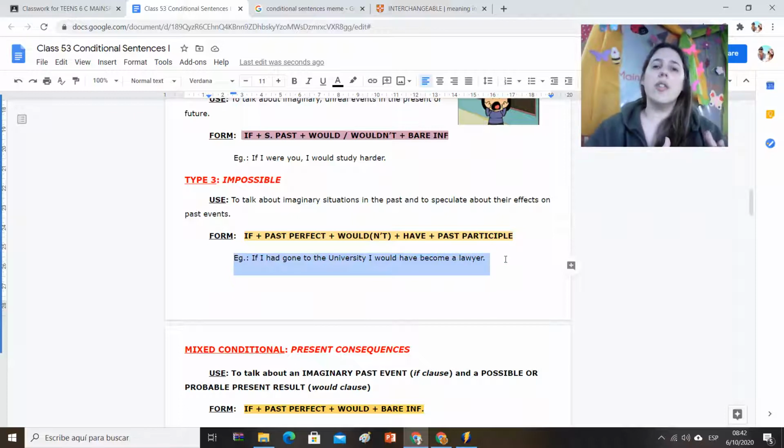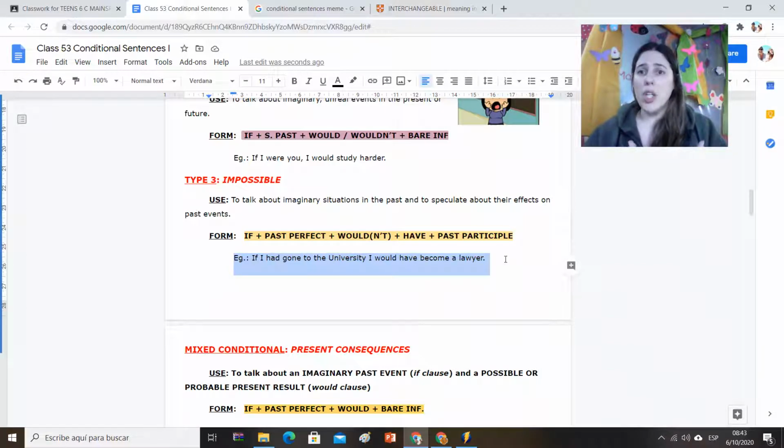If I had gone to the university, I would have become a lawyer. Hmm? When I read this sentence, I realize that the person who said this didn't go to university, and that's the reason why he didn't become a lawyer.